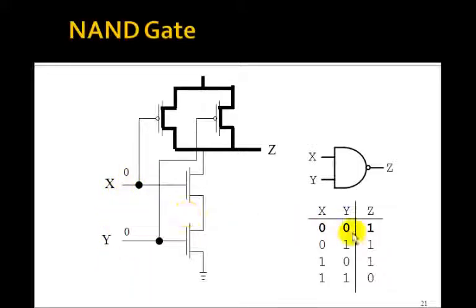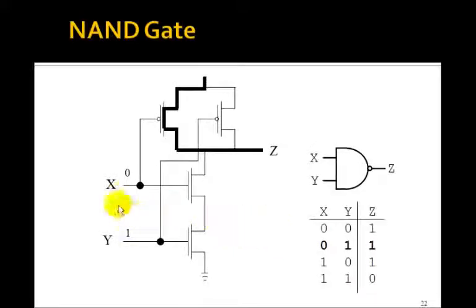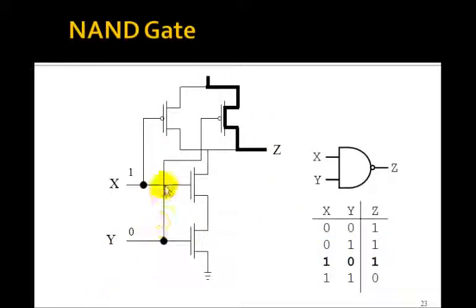Suppose these are both 0, then the PMOS ones are closed, so these are connected to 5 volts and these are open. If we make this 0, 1, then this one's closed. We get a connection this way. The output's still 1. We have 1, 0. The 0 here will close this one.